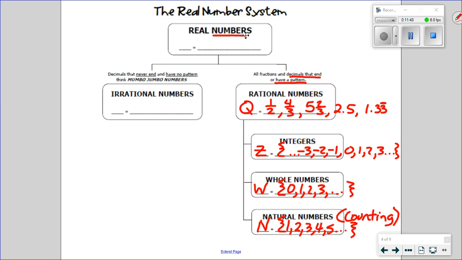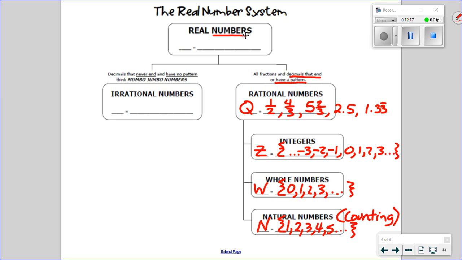Okay, so if the number is not a rational number, which also includes the integers, the whole numbers, and the natural numbers, then that means that the number is an irrational number. So the only type of number we've left out are what we call irrational numbers. Irrational numbers are those decimals that never end and have no pattern, meaning they don't repeat.